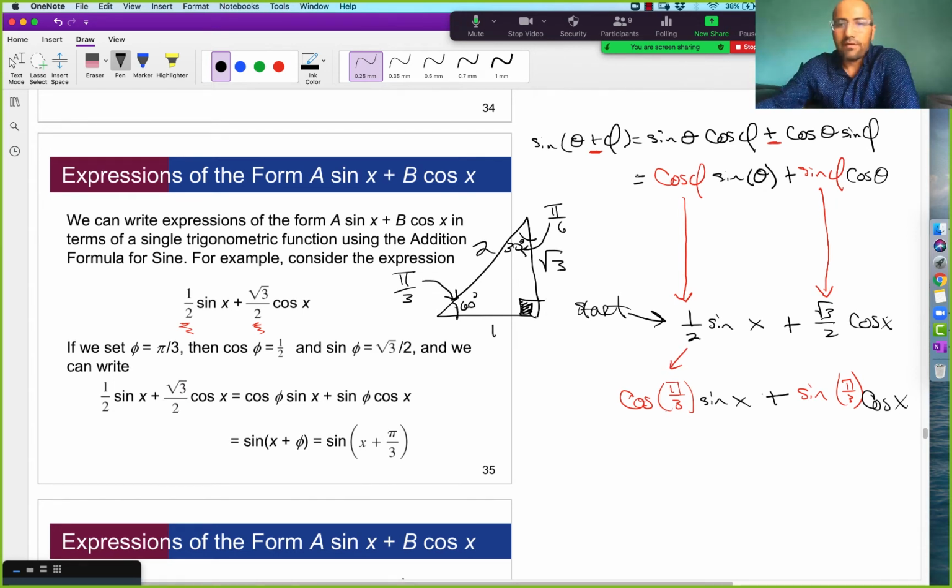Now it fits this pattern: cosine of an angle, sine of theta, plus sine of phi, cosine of theta. It fits this exact mold, so I can use this formula to go backwards. We're given this equals this, and so now we can say this is the same thing as sine of x plus pi over 3.